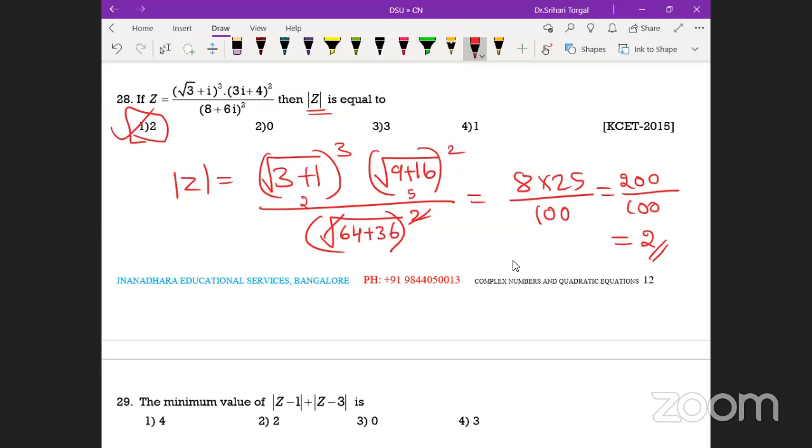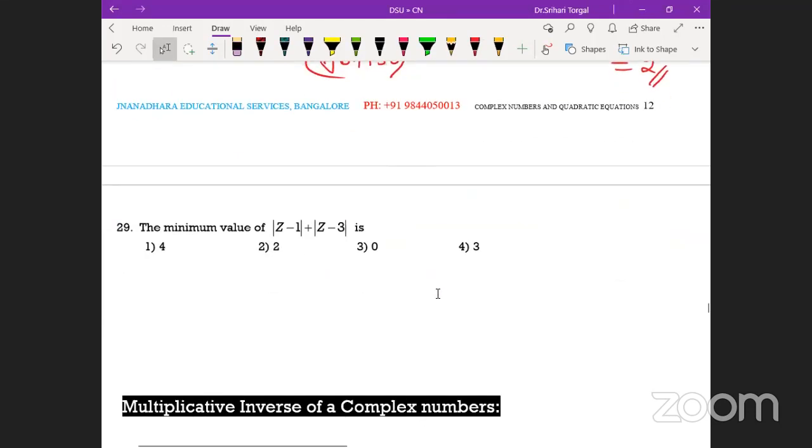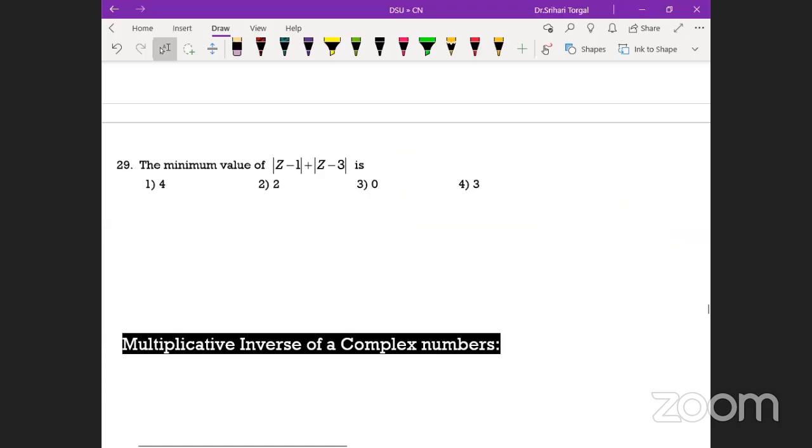Very simple. Just apply the square root inside the power. Okay. Now, yes, we move on to the next question. The minimum value of mod of z minus 1 plus mod z minus 2.